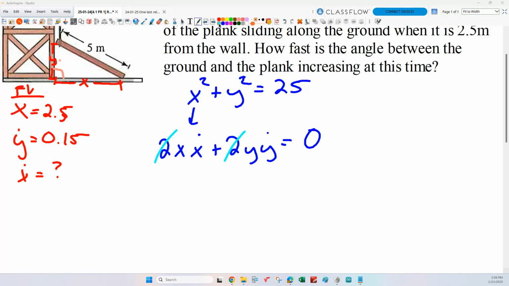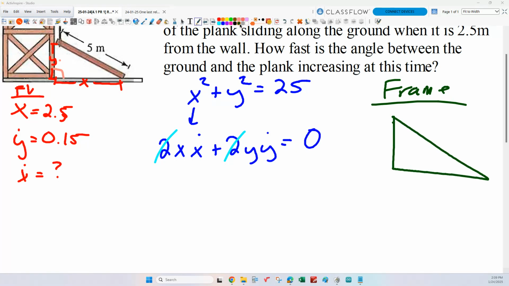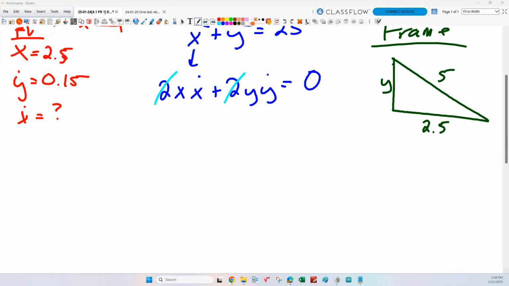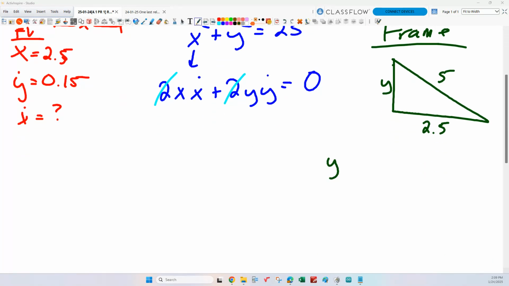Yeah, we can, right? Because in our frame, this picture, that one instant in time, this is 5, this is 2.5, and that's y. So we should be able to just solve for y at that one snapshot, that one frame in the video, right? What would y be? Yes, the square root of 5 squared minus 2.5 squared.